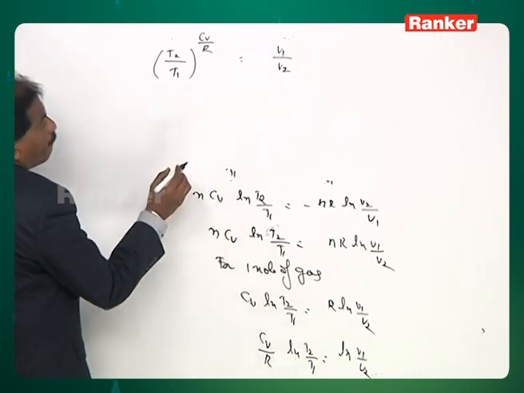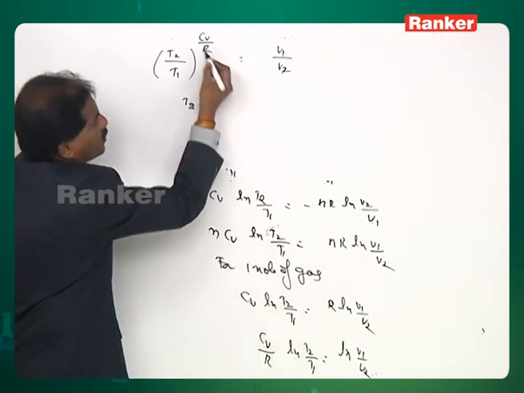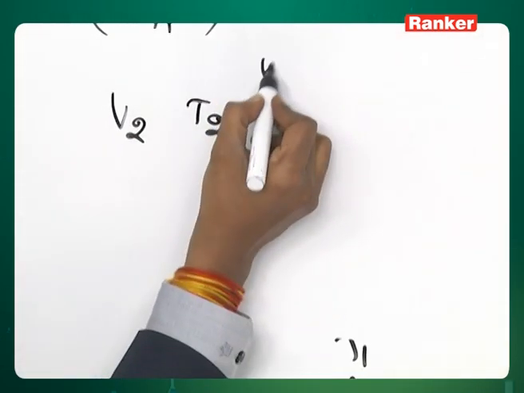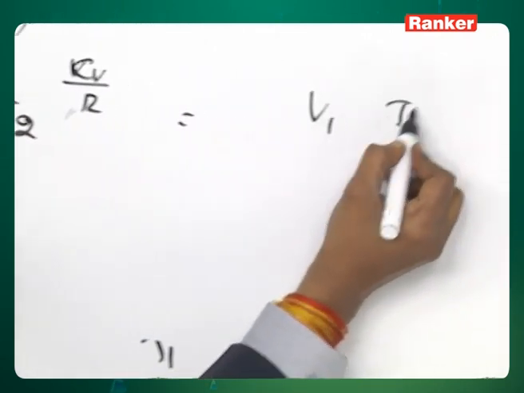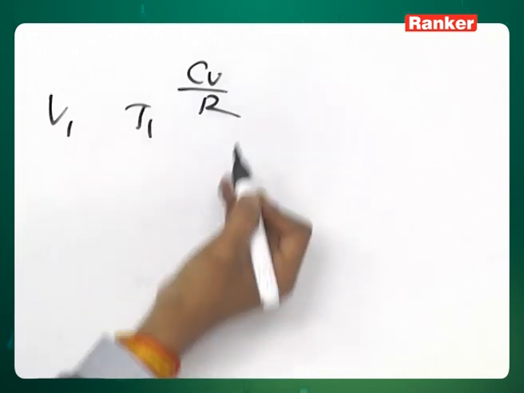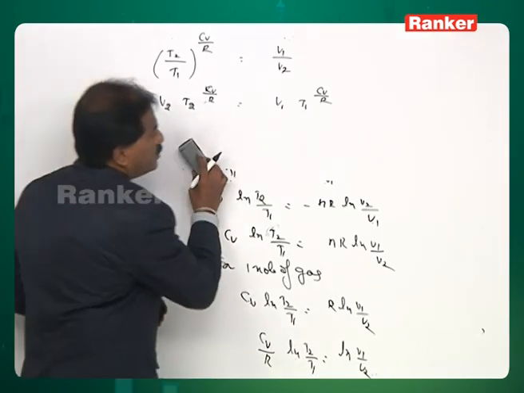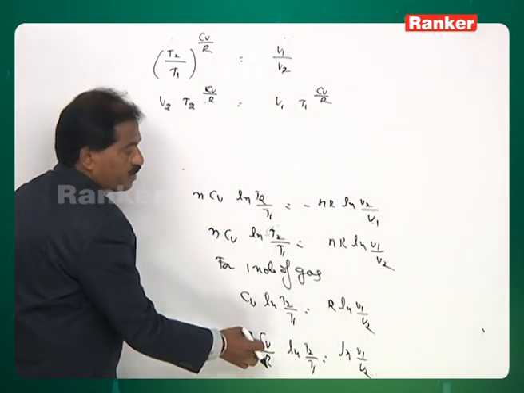Or we can represent like this. You bring V2 this side. V2 T2 to the power Cv by R, this side V1 T1 to the power Cv upon R.